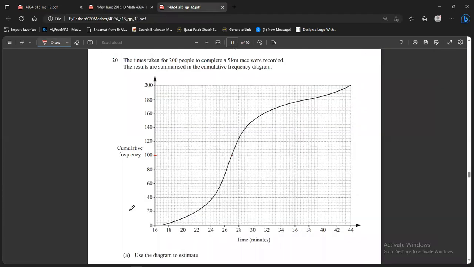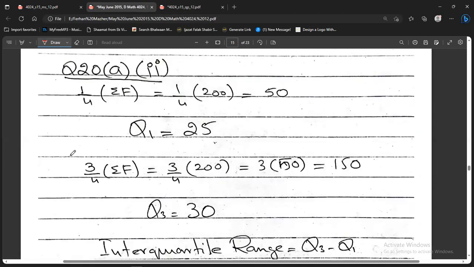So now on my graph, I will check where is the 50. The 50 is here. So from here, I will go to the graph and I will check what is the value of x. That is 25 something. Yeah, 25.